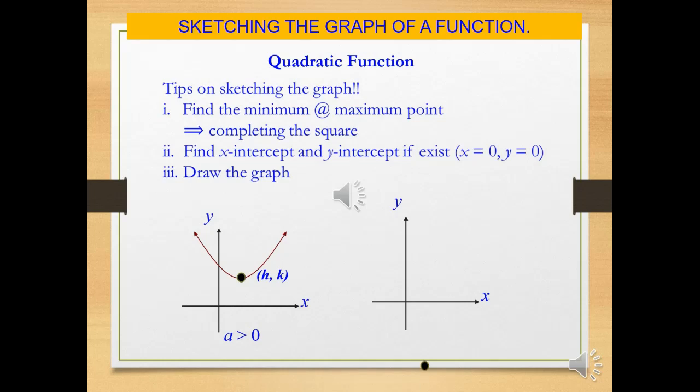When a is less than 0 and the graph is a frown graph, it has a maximum point like this. It happens at (h, k).